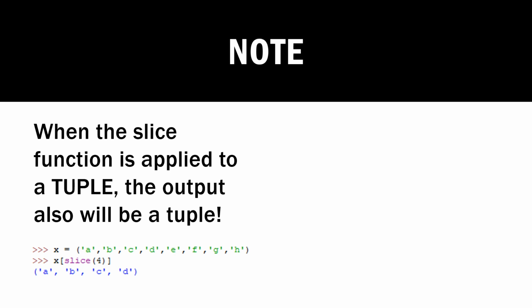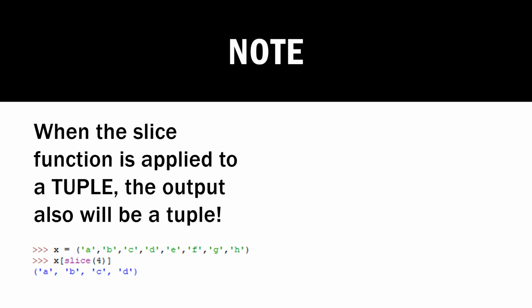As you can see here, X is a tuple because it is enclosed within parentheses. So when we slice in the X tuple, you can see the output in blue color here. The output is also produced as a tuple.